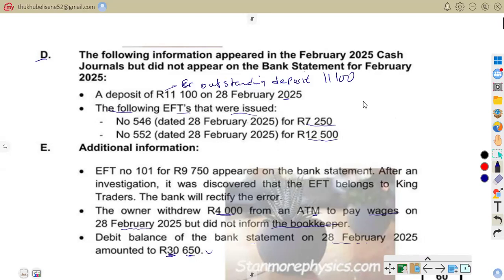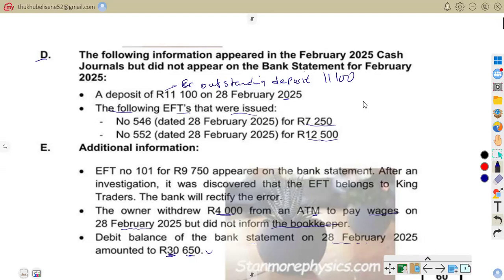We subtract the debit side items, but we add credit side items. So these outstanding payments, we subtract those as debit side items.